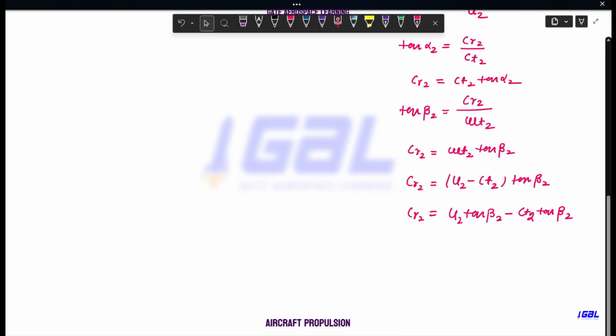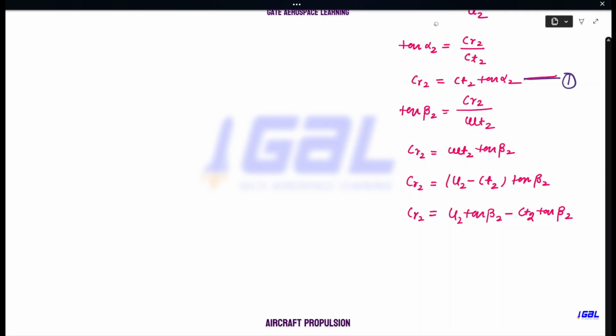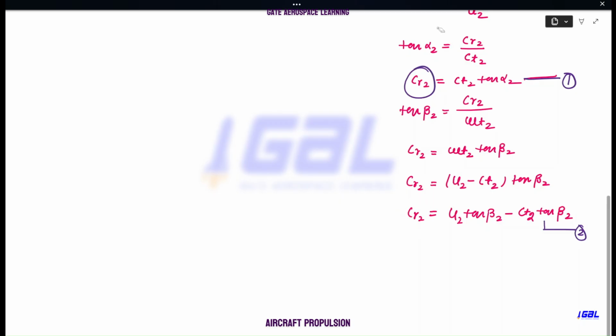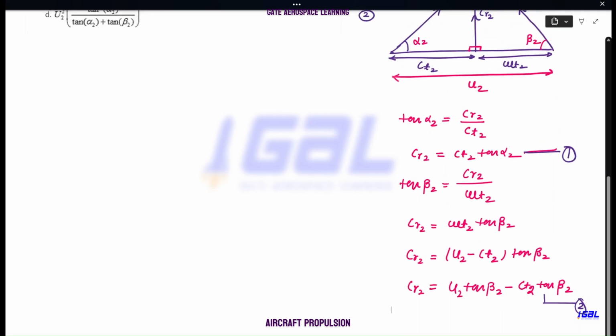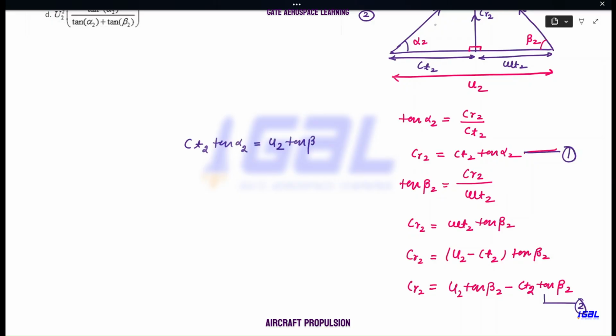Now you consider this as equation 1, and you take this as equation 2. Now we can equate this, right? The left hand sides are the same in both equations. So equate equation 1 and equation 2. You'll end up getting CT2 tan alpha 2 equals U2 tan beta 2 minus CT2 tan beta 2, right?